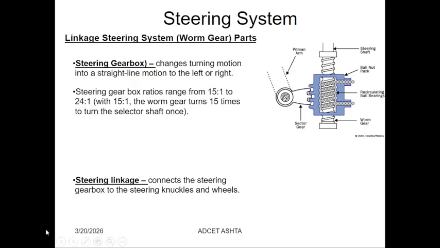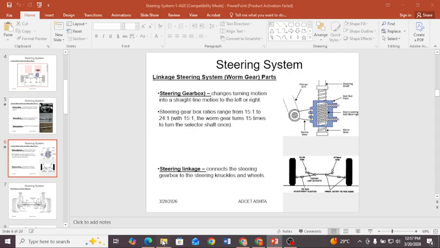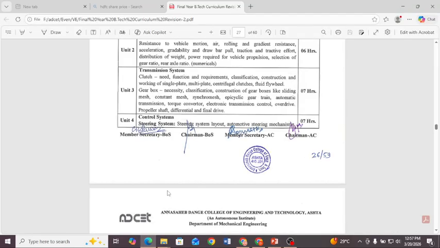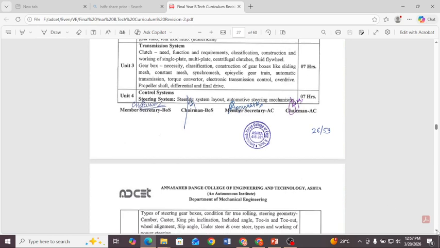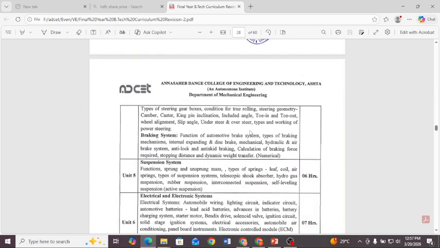It's all introductory parts about the steering system, so the needs and function requirements should be clear now. From the next lecture we will discuss the types of steering gearbox, the condition of true rolling, and steering geometries: camber, caster, kingpin inclination, and included angles.